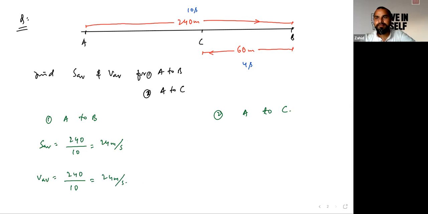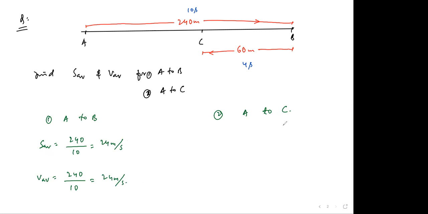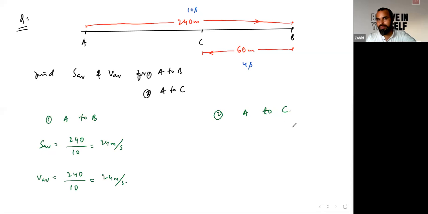For the next part, on going from A to C, distance is the actual path covered by the body for the entire journey. So it will move from A to B and then come to C. So for average speed, total path length is AB plus BC, and total time taken is 10 plus 4.